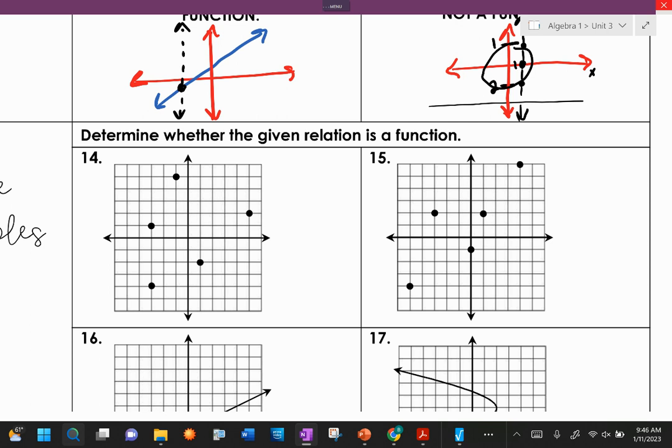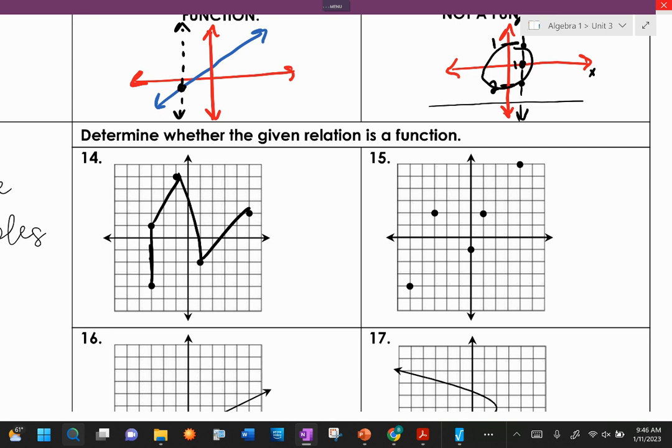For this one, I'm just going to connect them however I can, whatever way is best. So I'm going to go up to this one, over to this one, down to this one, over to this one.